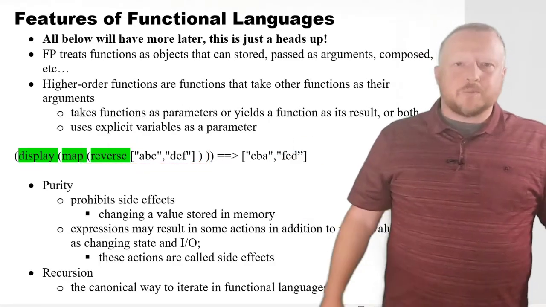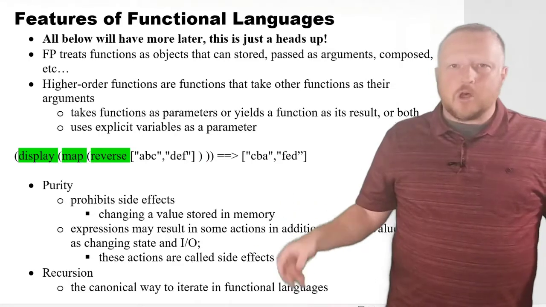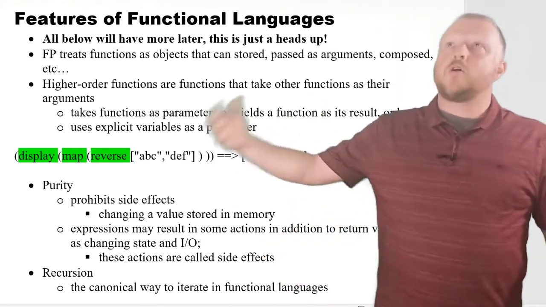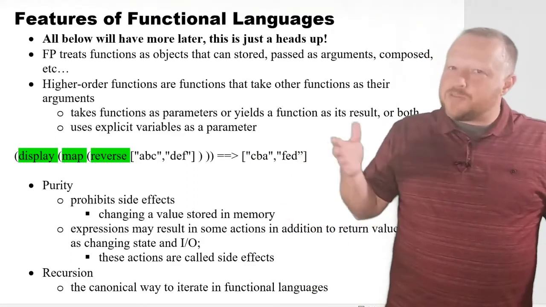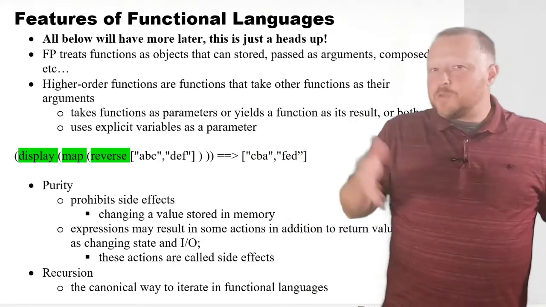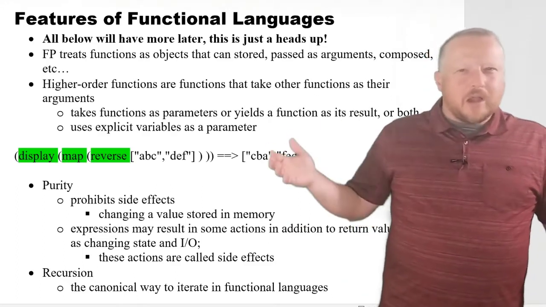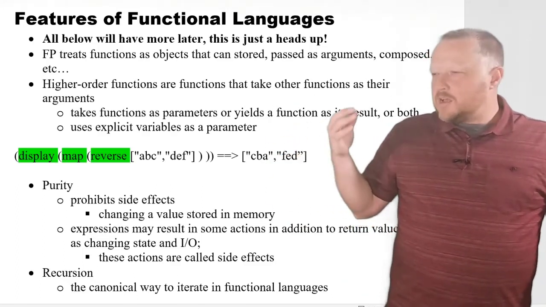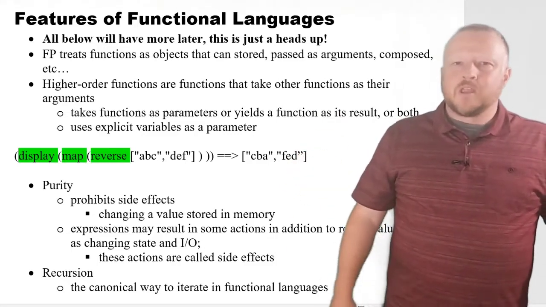So as you see display, map, and reverse, reverse is going to be first, and then map is going to solve, and then we'll display the result of all the other ones before that. That's very consistent to what you actually have seen in some of the programming languages you've already dealt with. So notice, even if it is imperative with C++, Java, Python, there's a lot of functionality in it as well.